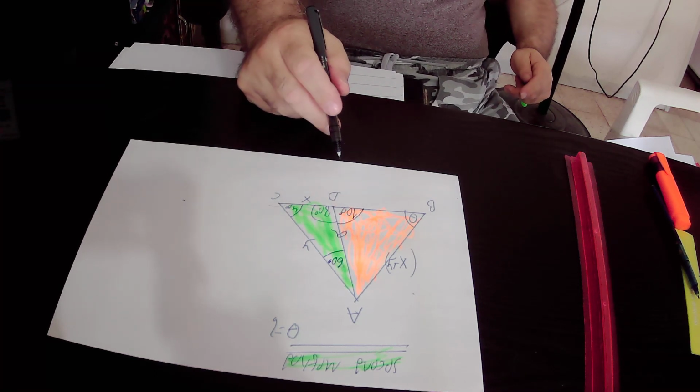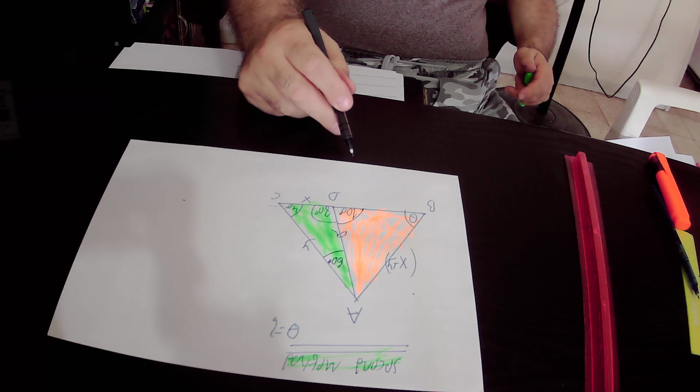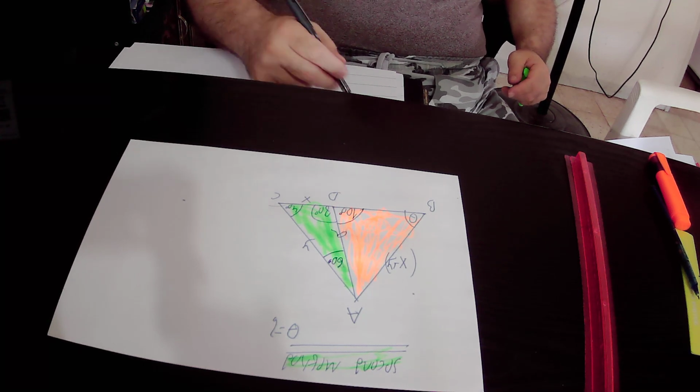Now we will implement the law of sines in the orange triangle, triangle ABD.